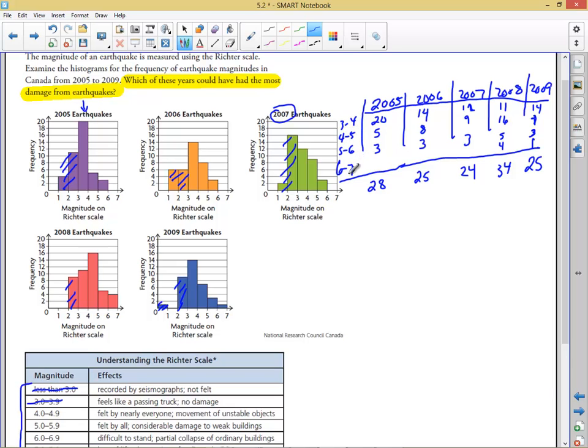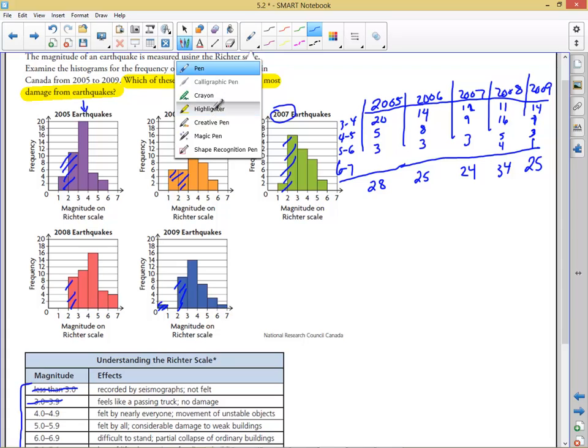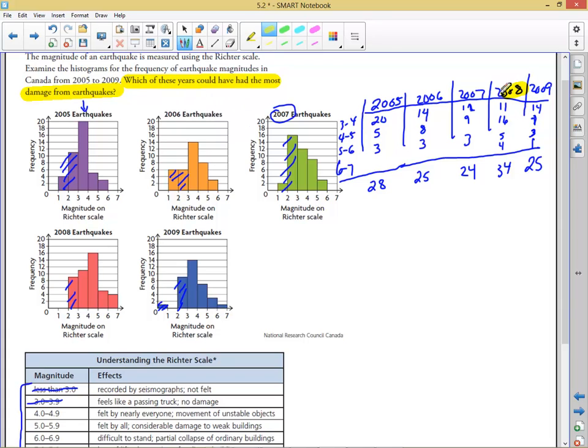Okay, complete a rough table, and in each year it shows the number of earthquakes within each range on the Richter scale. If we look up here at 2008, we said by far it's probably the most damaging year. There were 34 earthquakes. And not only that, but there were earthquakes in this category from 5 to 6 and 6 to 7.